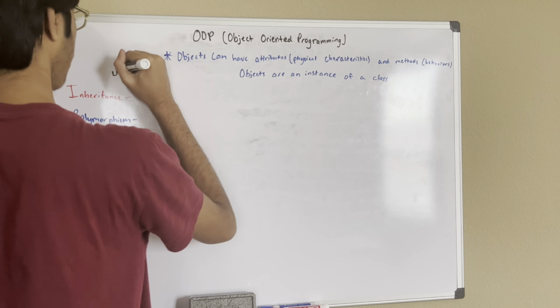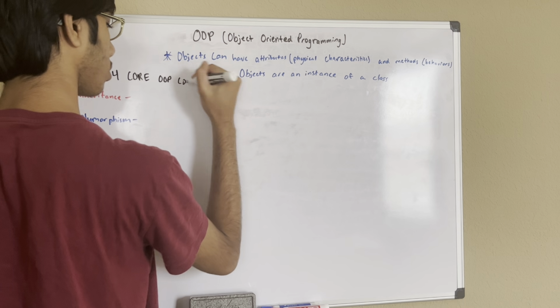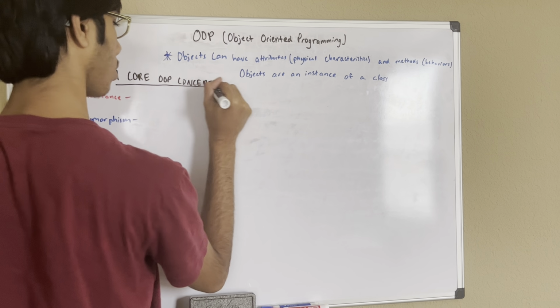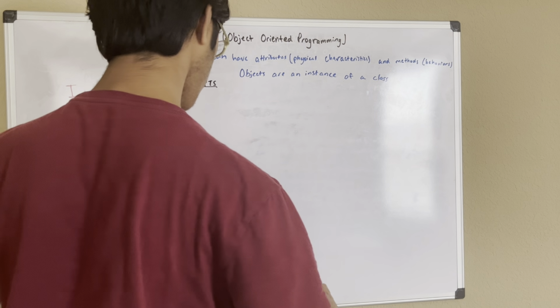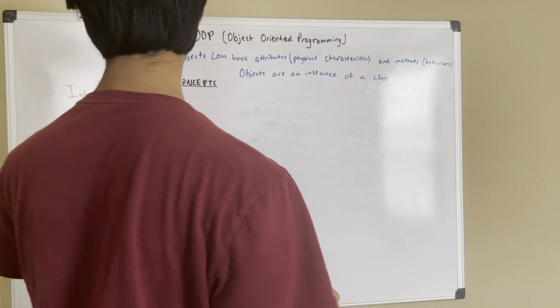So I'm going to call them the 4 core OOP concepts. Inheritance, polymorphism, abstraction, and encapsulation. 4 key things that OOP possesses. So let's define each of them.